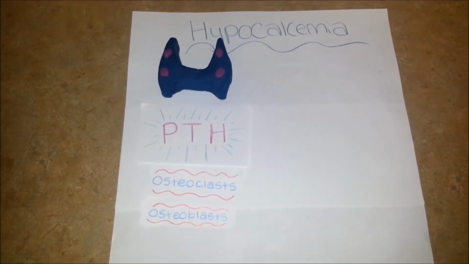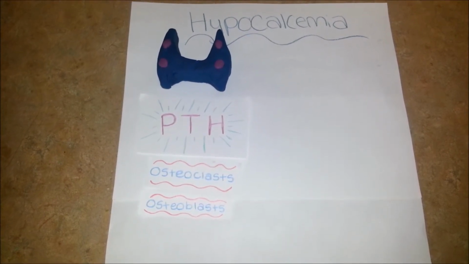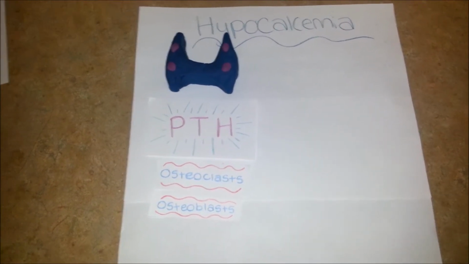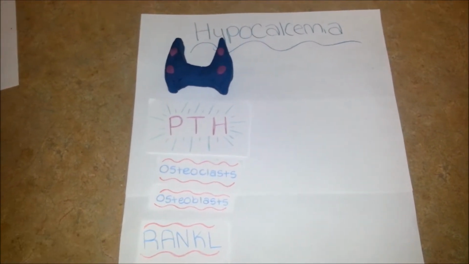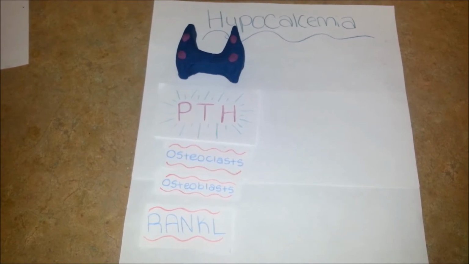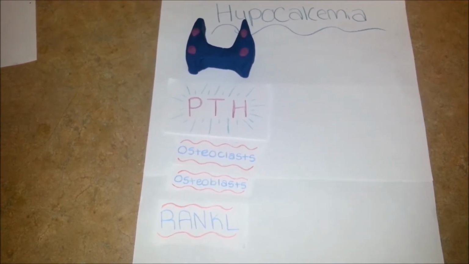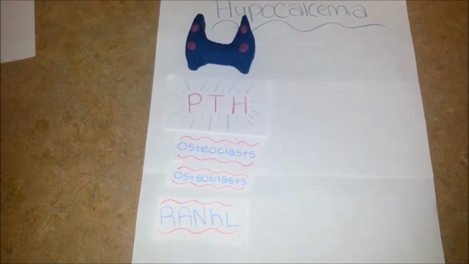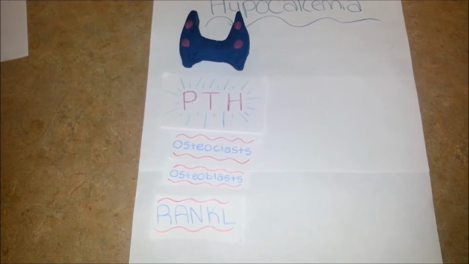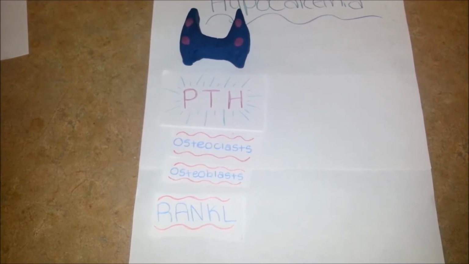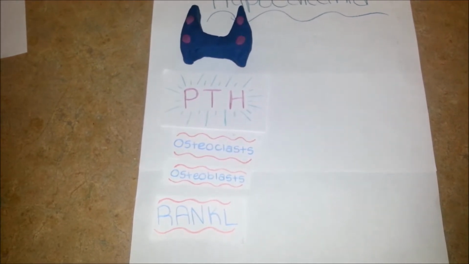Osteoclasts have no PTH receptors but have receptors for a growth factor called RANKL. So PTH also stimulates osteoblasts to release RANKL. The RANKL causes osteoclasts and osteoblasts to become more active. This results in accelerated release of calcium from the bones, causing blood calcium levels to rise.